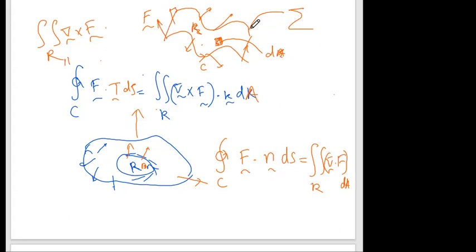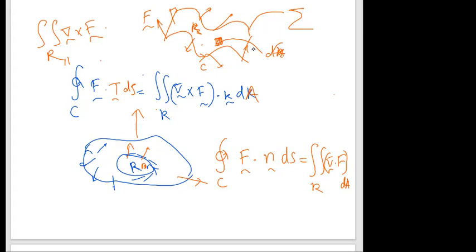This sigma can be written in terms of two variables, u and v, right? And this is embedded in three-dimensional space. I will consider an infinitesimal area part on this surface, d sigma.